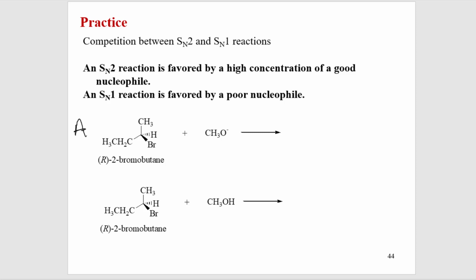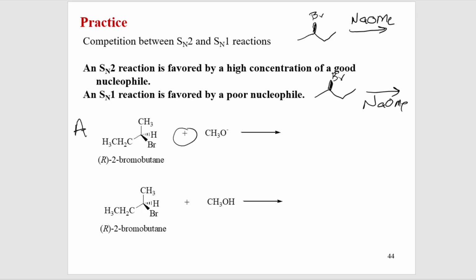It could be written like this. Okay, it could be written like this. It could have the sodium methoxide and the alkyl halide, with a plus sign between them, right? Kind of like your equation. Regardless, these all ask you to do the same thing.